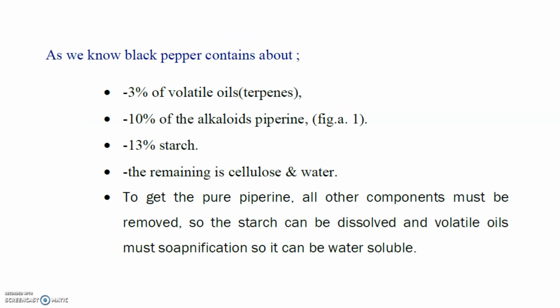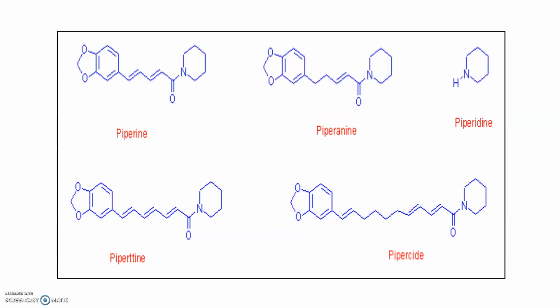So as we know, black pepper contains about 3% volatile oils, terpenes, 10% alkaloid piperine, 30% starch, and the remainder is cellulose and water. To get the pure piperine, all other components must be removed. So the starch can be dissolved and the volatile oils must undergo saponification so they can be water soluble.